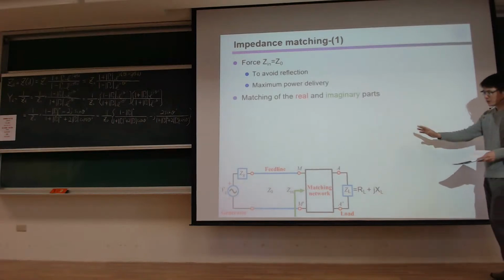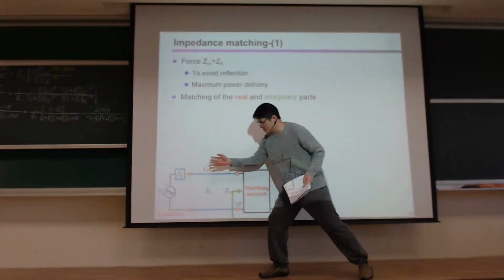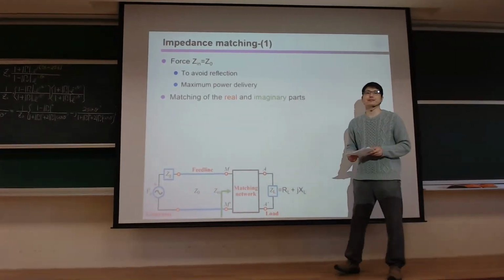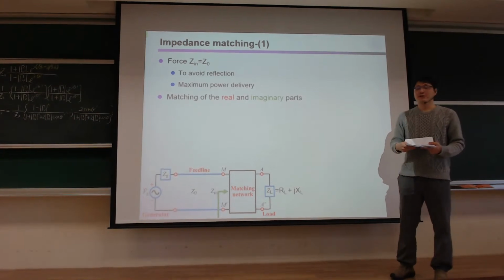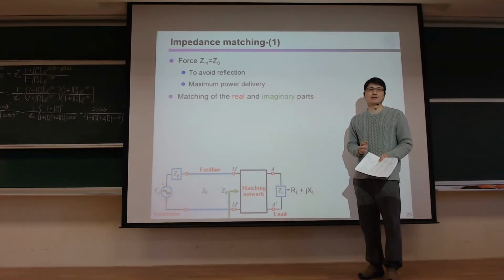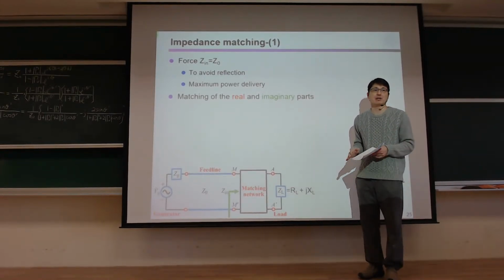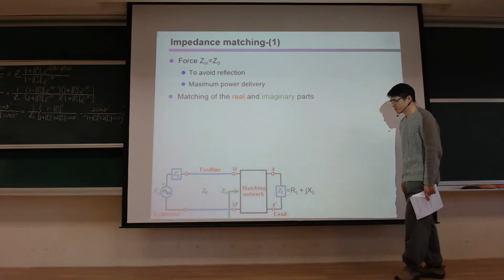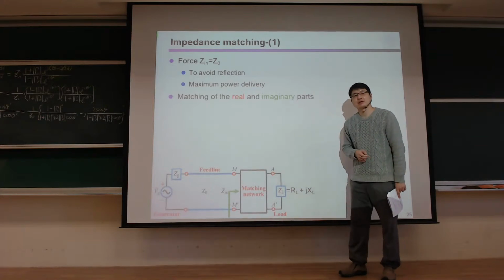Right. So usually, we have a transmission line, we have a generator, and we have the load. It will be very difficult for the load to really match to the transmission line. It's in our dream, but it's really not possible always. Okay? So let's take a look at the load impedance.